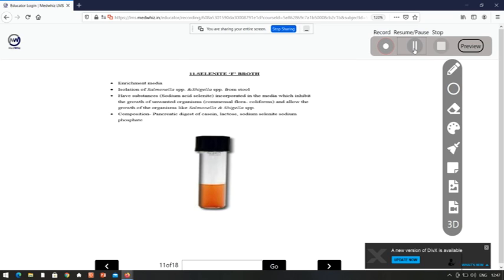The composition of this selenite F broth is pancreatic digest of casein, lactose, sodium selenite, and sodium phosphate. This selenite F broth is usually used for isolation of Salmonella and Shigella.